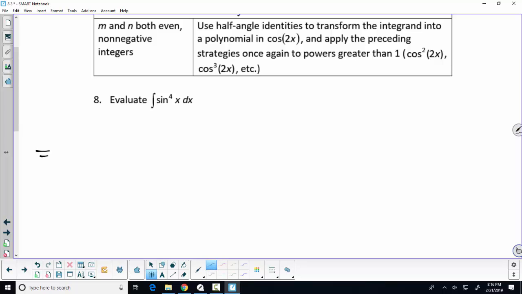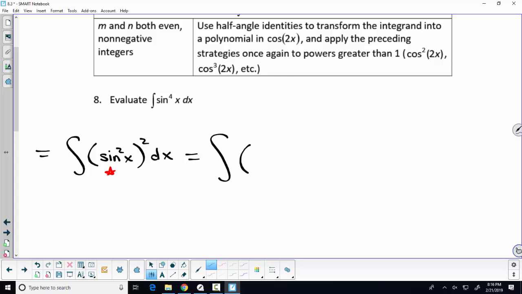So the first thing we want to do is write this as sine squared, squared. And then use the identity here. The identity was 1/2 times 1 minus cosine of 2x.